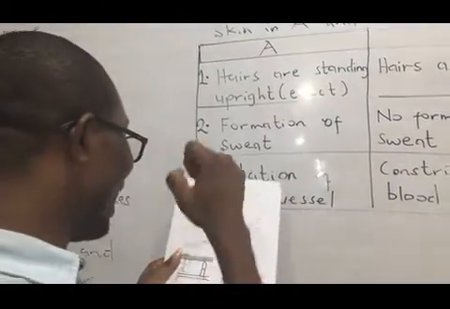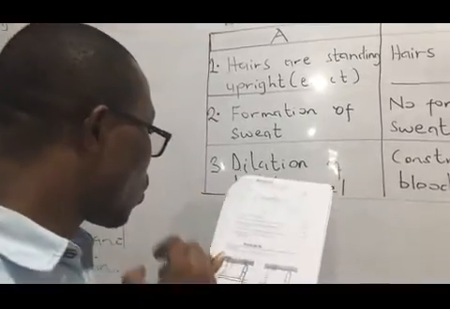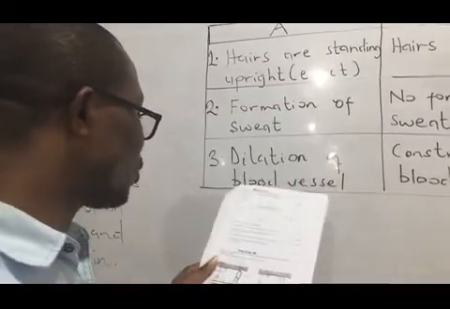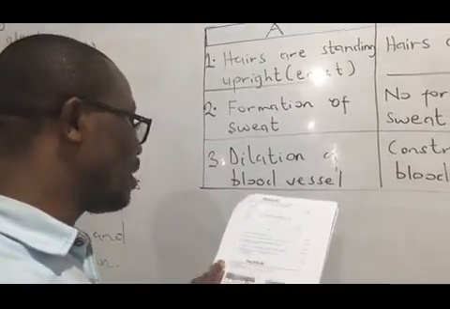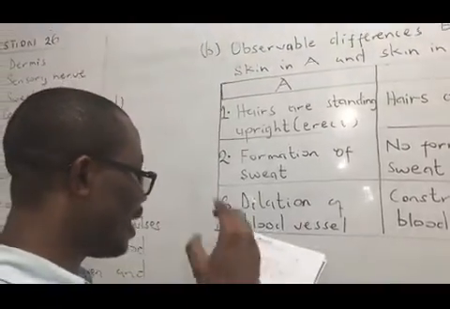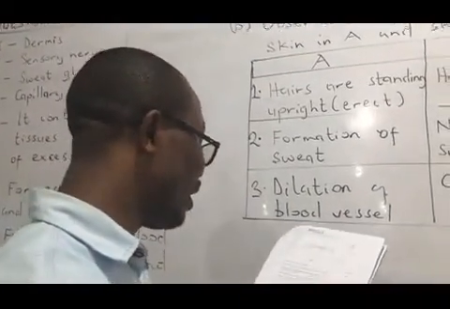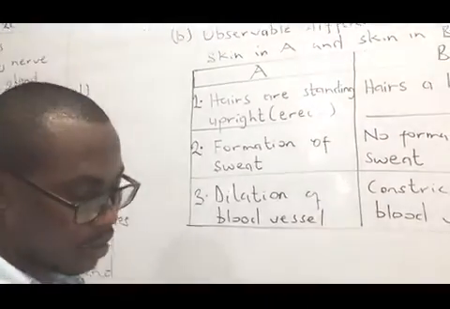But if you are saying that A, for these two, shows that A is hot weather, then the hair should rather be lying flat. And then if B is for cold weather, then the hair in B should be standing erect. So please take note of that.